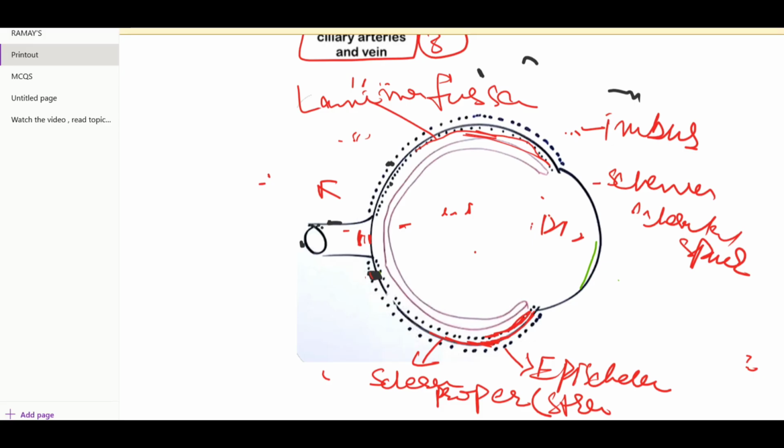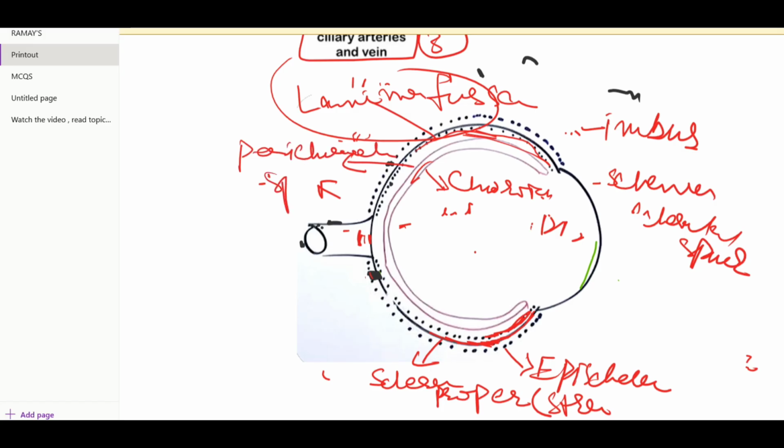In Ramay's theory, it is written that the lamina fusca is separated from the choroid, this inner one, by a potential space known as the perichoroidal space.